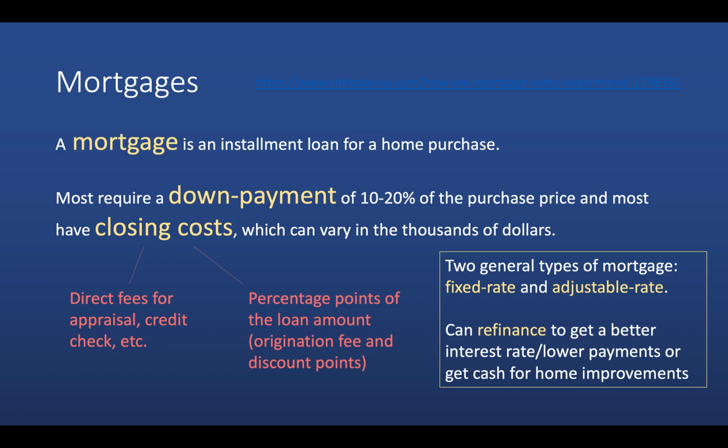Cars typically also require a down payment, but for a mortgage, for a home loan, that down payment is typically 10 to 20% of the purchase price. And I think on the safe end, in order to get the best interest rates, you usually want 20%.